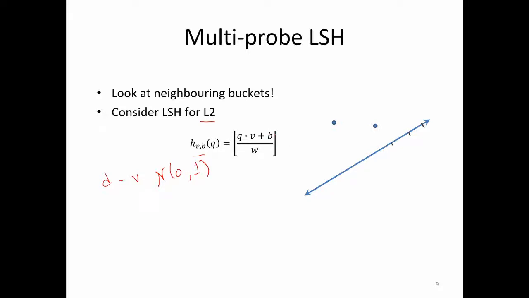Then you sample a number b uniformly at random between 0 and w.